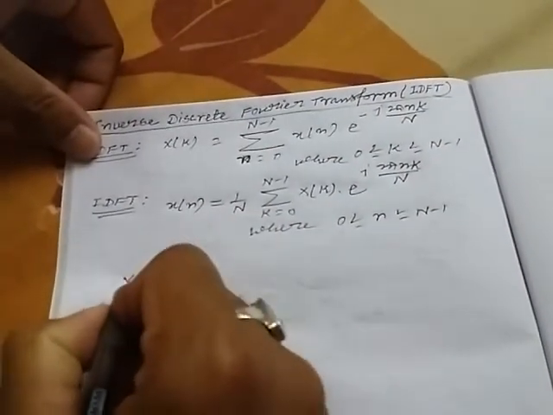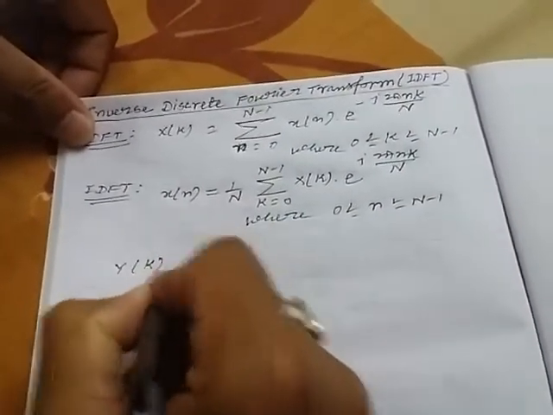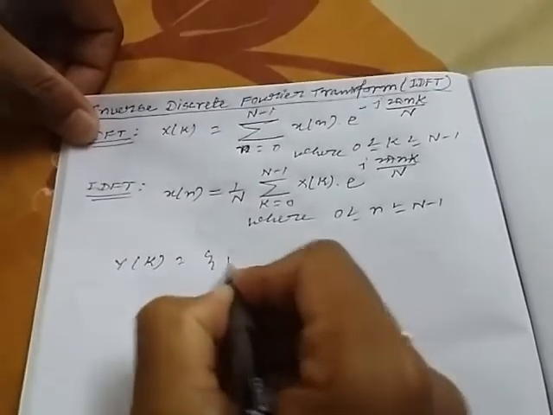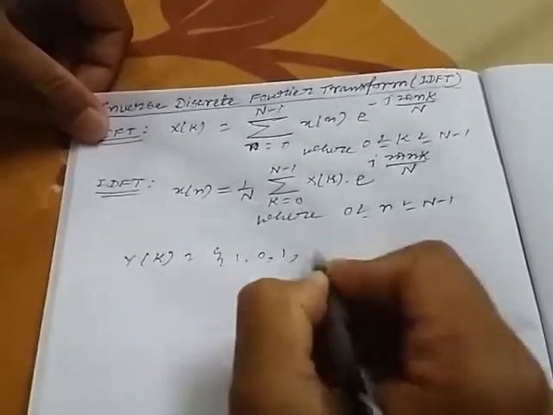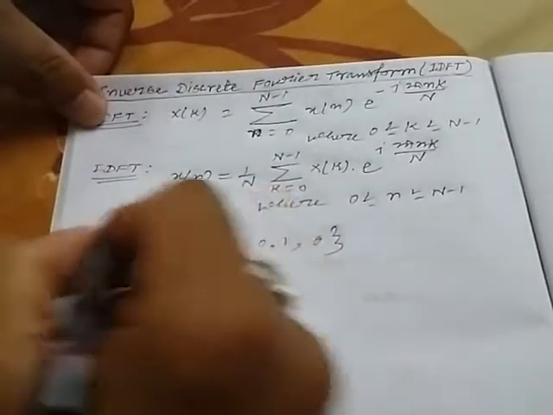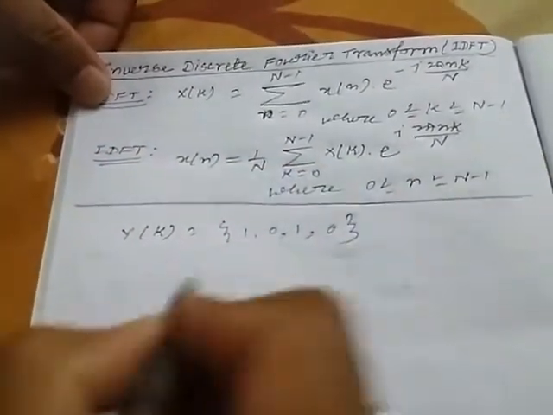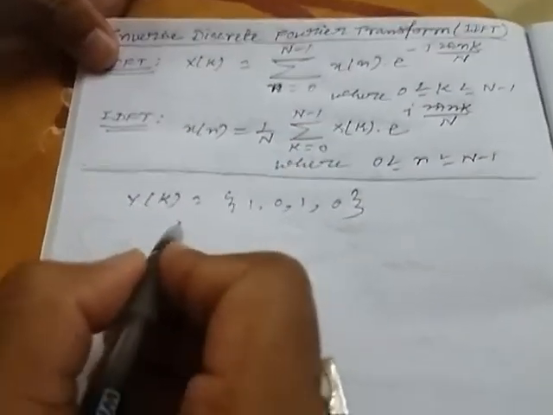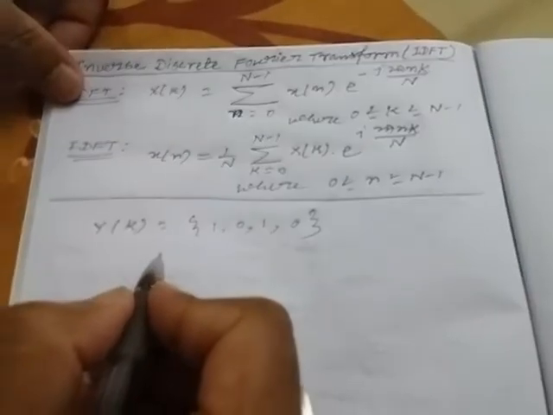Let us take an example where Y of k is given by 1, 0, 1 and 0, and you have to find y[n]. So you have to perform IDFT.